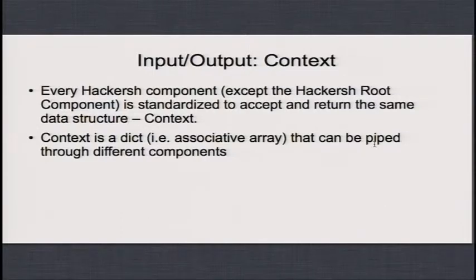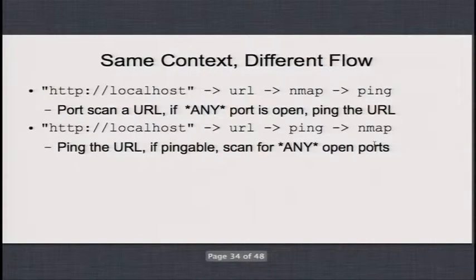And this context can contain anything from what's the IP address that we start with, the scan, what's the current flow, what other tools found, etc. So basically, every component is programmed to accept this context structure, both as an input and as an output. And by normalizing all the components to speak with this metadata structure, I'm able to do very interesting things.